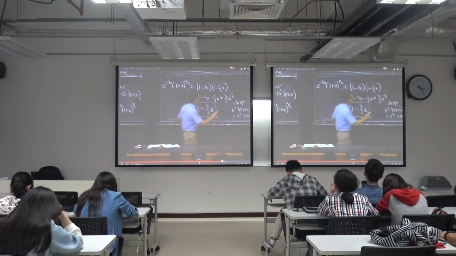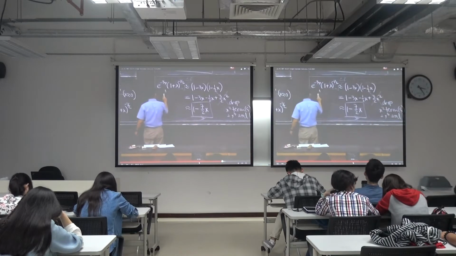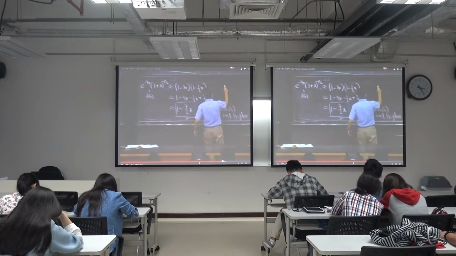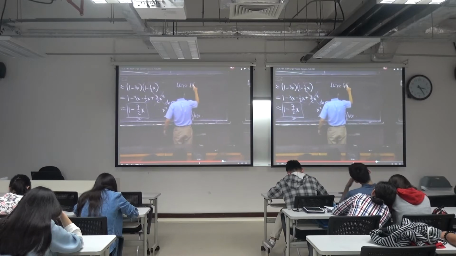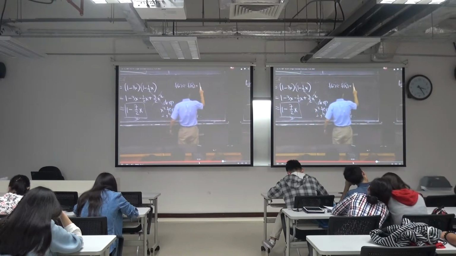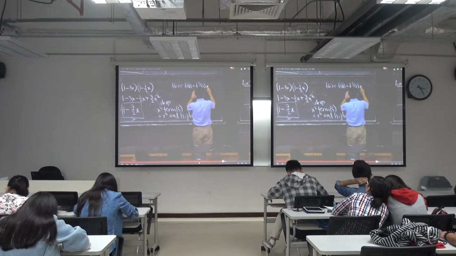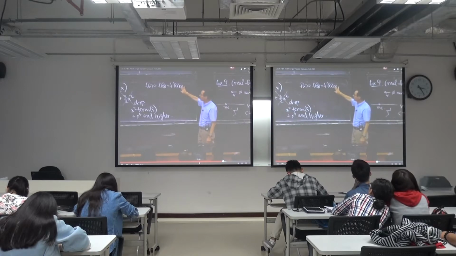So the answer is yes. It's also true that if I call this function f of x, then the linear approximation is f of x 0 plus f prime of x 0 times x. So that should be true. That's the formula that we're using.